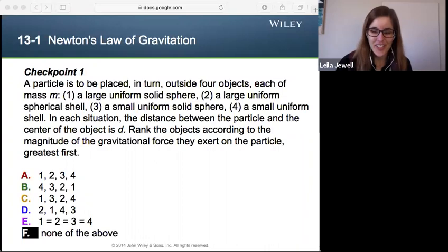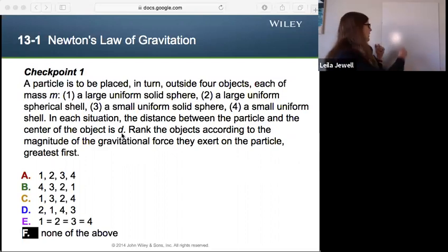Okay, trusting you did that. Now let's take a look at this. As in the descriptions, they have these different sizes and even different mass distributions. But the key here is that each of them, regardless of their shape or size, is of the same mass m and the same distance between the particle and the center of the object, right?